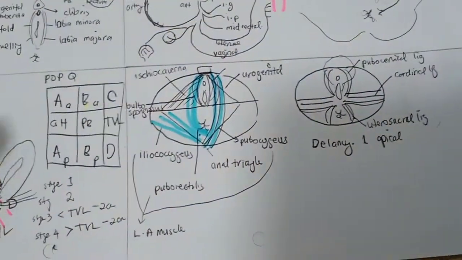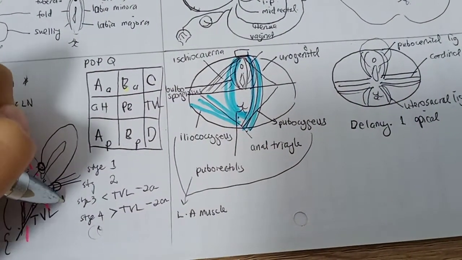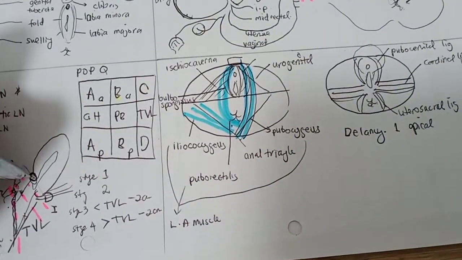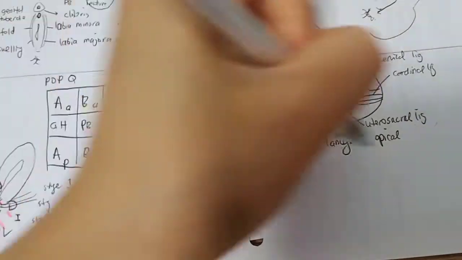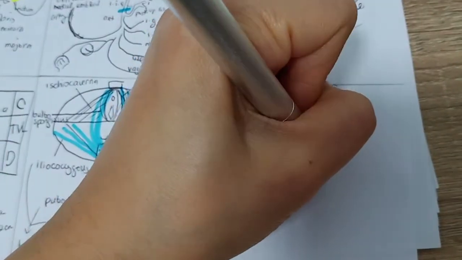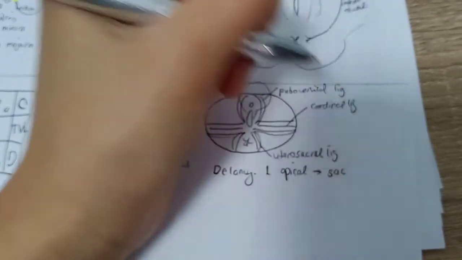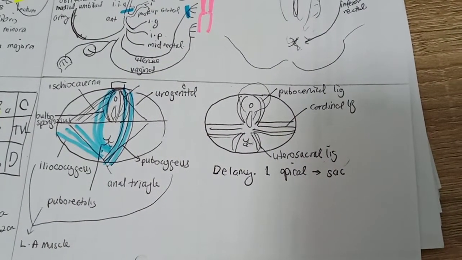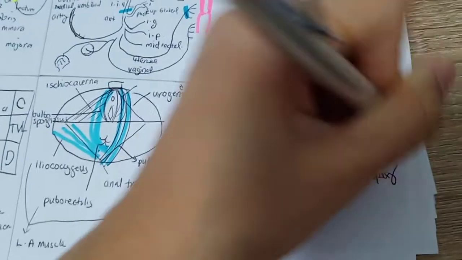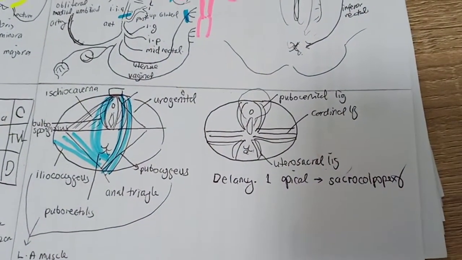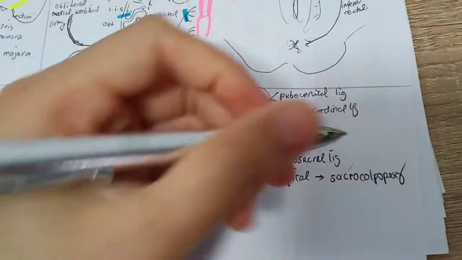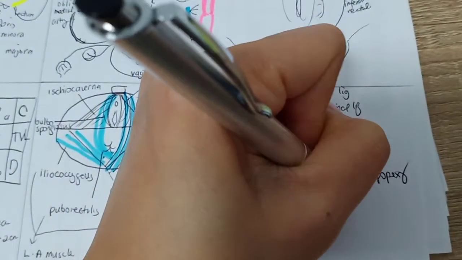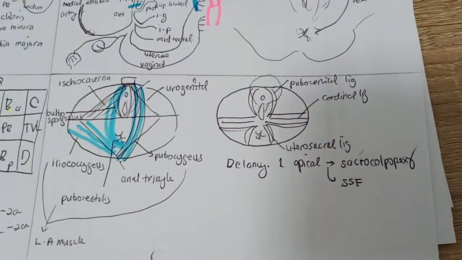So as you can see, level 1 is the apical prolapse. So the treatment will be sacral fixations, depending. If it's after a vaginal hysterectomy, then we call it sacral colpopexy. It can be done abdominally or laparoscopically, sacral colpopexy, or we can do SSF, the sacrospinous fixation.